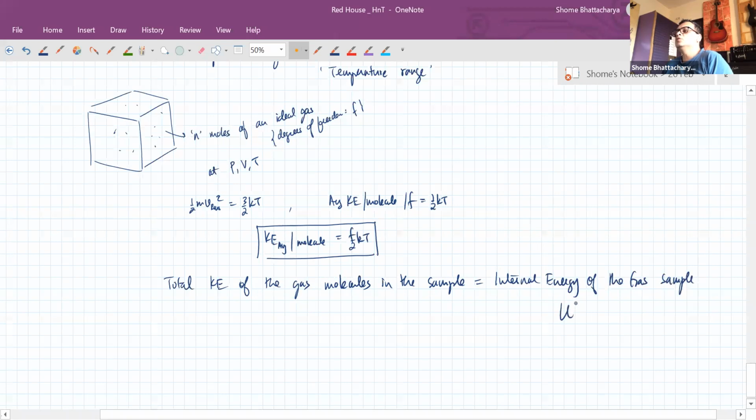And we give it the symbol U. Because if you recall from assumptions of kinetic model, gas molecules do not have any intermolecular attractive force.